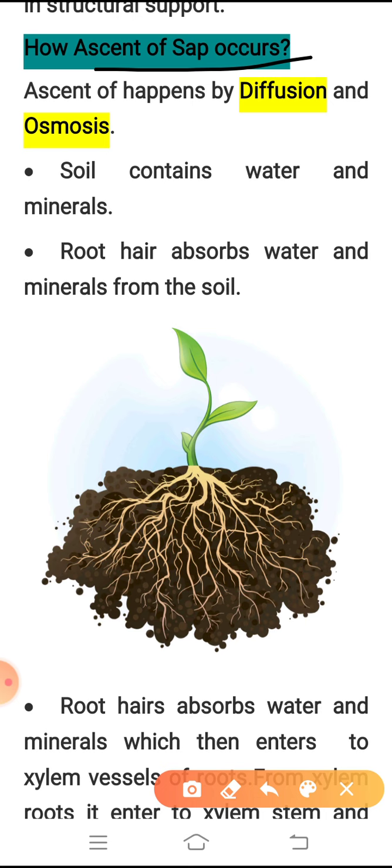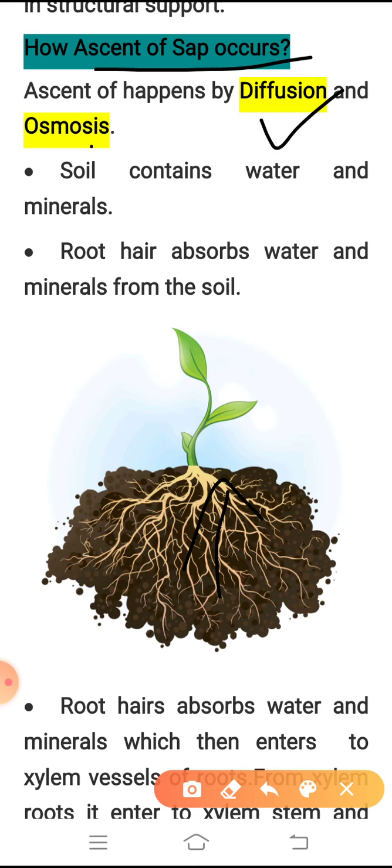Here the question is, how does the water move upwards against the gravitational pull of the earth? The gravitational pull will bring things back to the surface of the earth, but how can the water move upwards? So this happens by two processes.